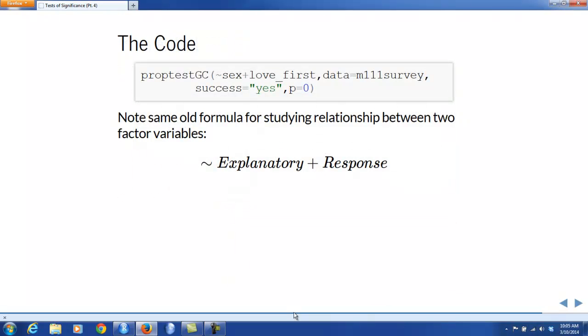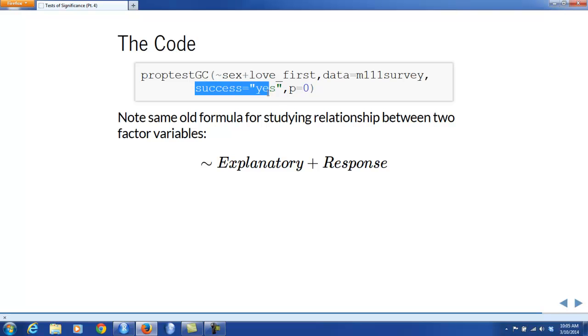The code comes from prop test GC, just as it would for confidence intervals. This time we have a data frame to work with, so we use formula data input in just the same old way as we do when we investigate the relationship between 2-factor variables. So twiddle, explanatory, plus response, and then data is the name of the data frame where those variables are housed.